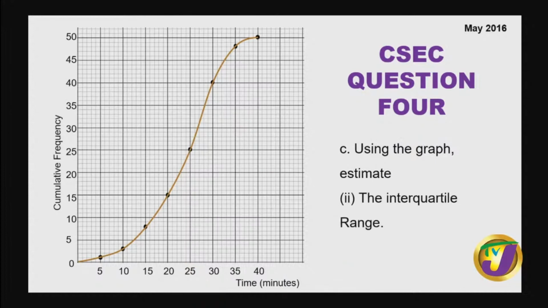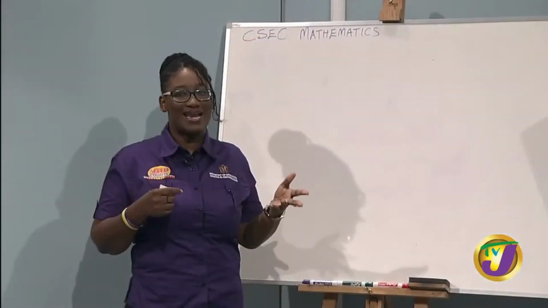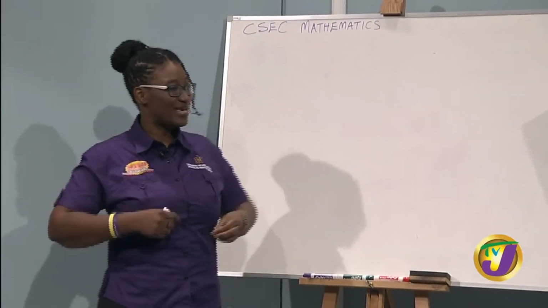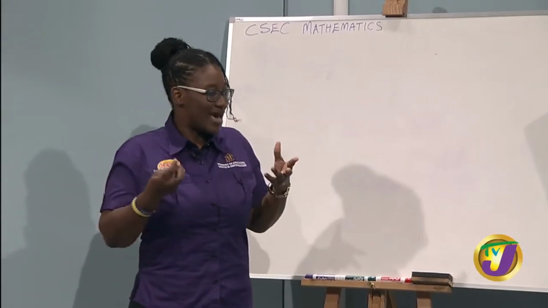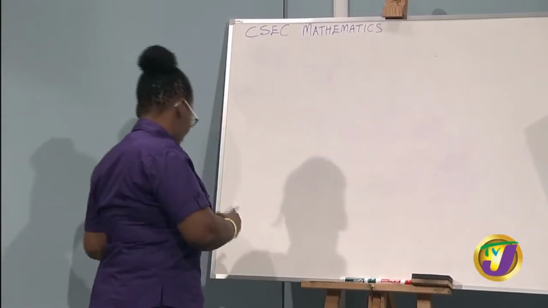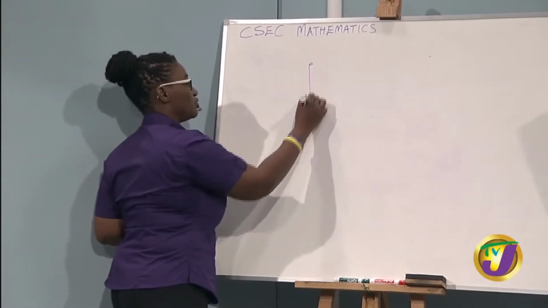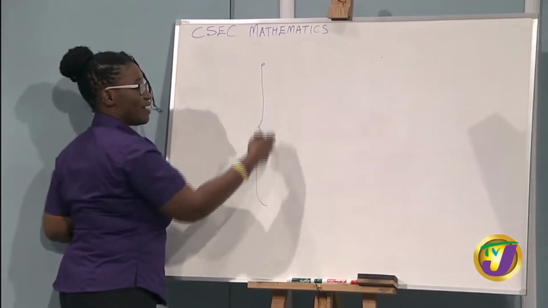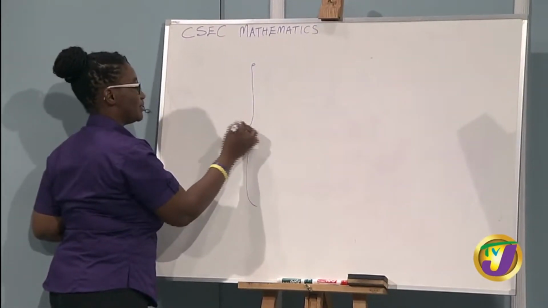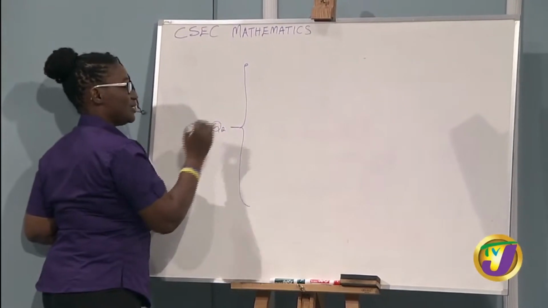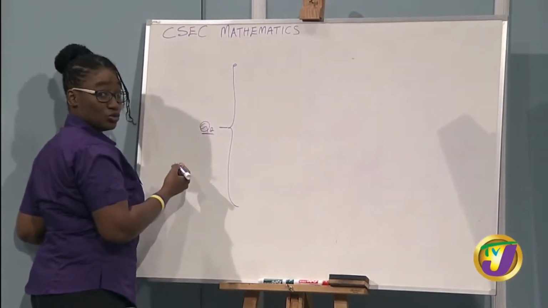All right, we want to also estimate the interquartile range. So if I'm talking about interquartile, that sounds like quarter. So I'm thinking about some quartiles. So let me get to the board quickly. So if we were to have our data arranged in this format, our median is also known as Q2.